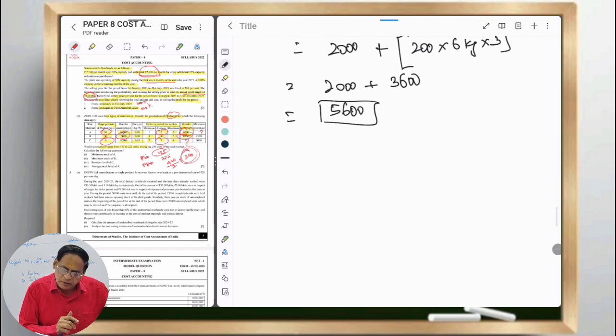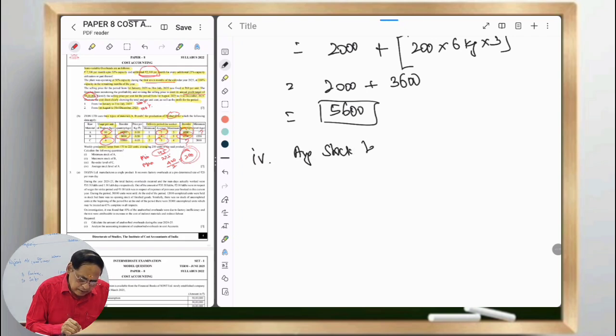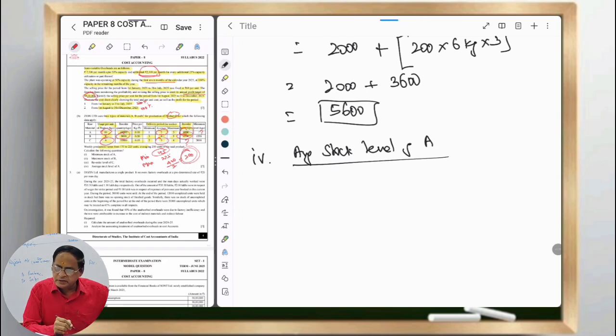And then we find out the average stock level of A. So average stock level, how much? Actually there are two methods: minimum level plus maximum level divided by 2, one method, or another method, minimum stock level plus 1 by 2 reorder quantity.